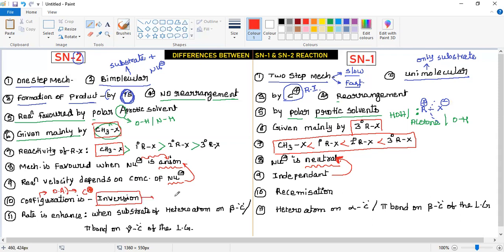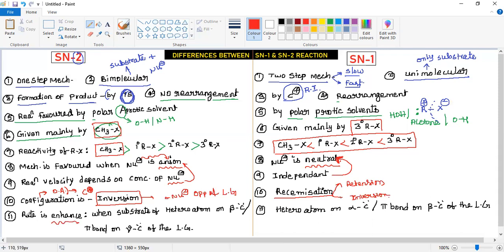The nucleophile attacks on the opposite side of the leaving group. ఓకేనా, దాన్ని ఇన్వర్షన్ అంటాం. మరి ఇక్కడ రెసిమైజేషన్ లో ఏమవుతుంది? రెసిమైజేషన్ లో it is a two step mechanism, slow step and fast step. సో బేస్డ్ ఆన్ దట్ ఏంటిది ఇక్కడ టూ ఫామ్? రిటెన్షన్ ఒకటి, ఇన్వర్షన్ ఒకటి. రిటెన్షన్ అండ్ ఇన్వర్షన్ రెండు ఫామ్ అవుతాయి.